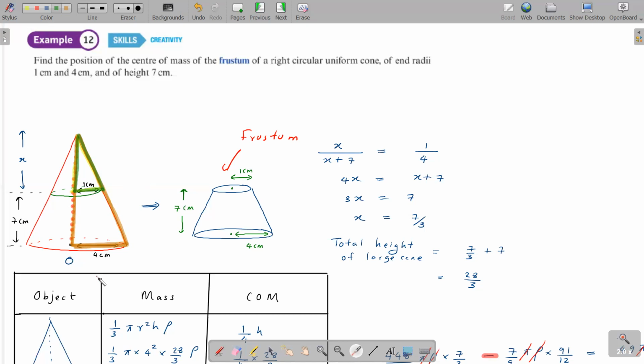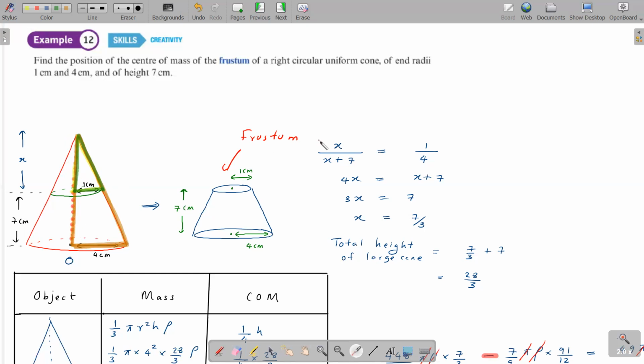In similar triangles, ratios between corresponding sides are equal. I'm first taking the smaller triangle, and x is the height of the small triangle. x plus 7 is the height of the large triangle.